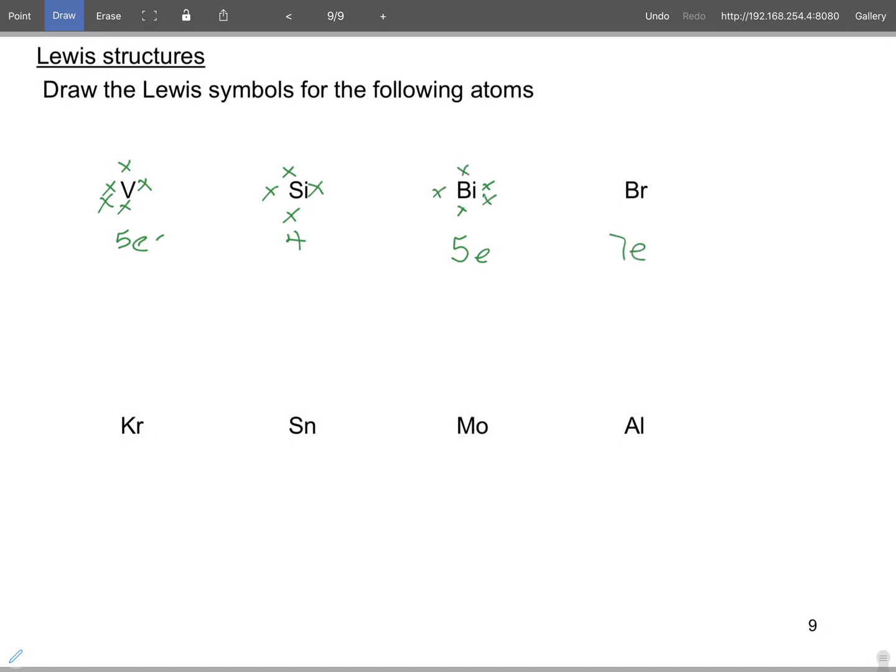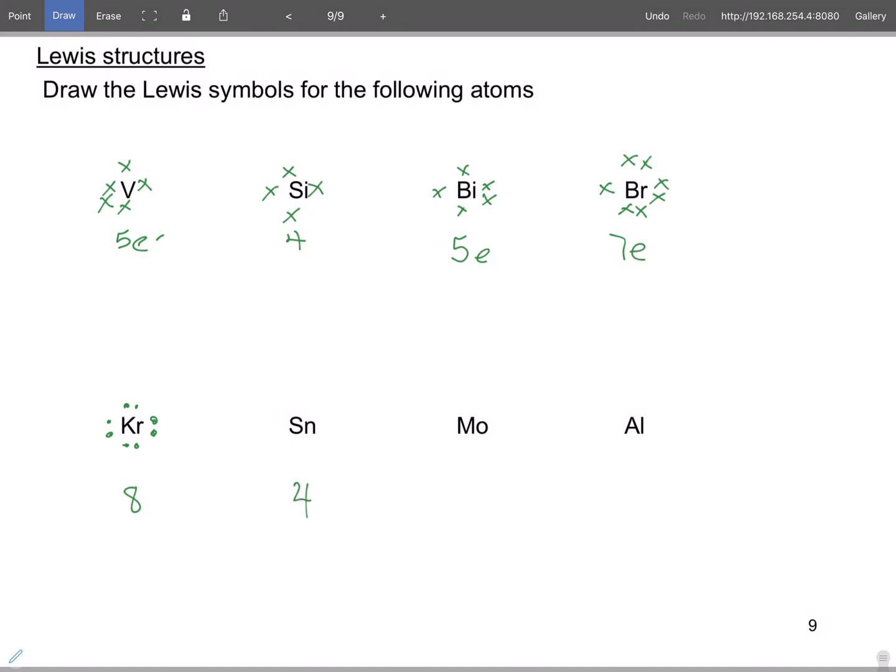Bromine has 7, so it's 1, 2, 3, 4, 5, 6, 7. So we end up with 1 lone. Now, you'll notice that I'm using X's. You can use dots. So, for example, krypton has 8, so you could do the dots. As you can tell, my dots are not uniform. I find I'm faster with the X's, but you do whatever floats your boat.